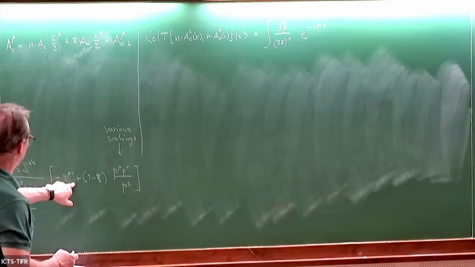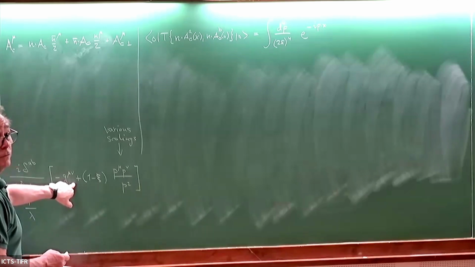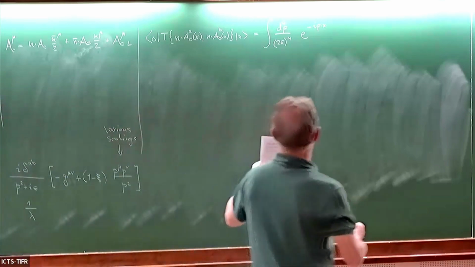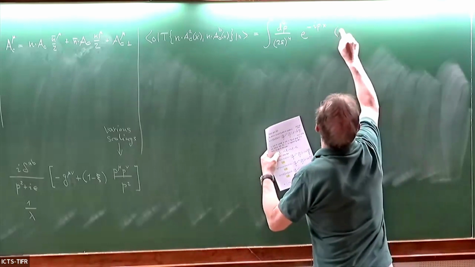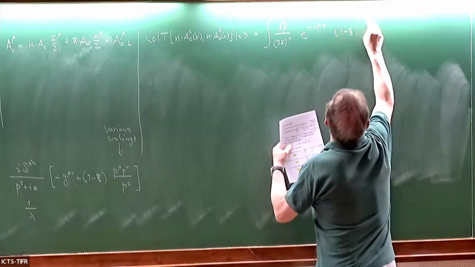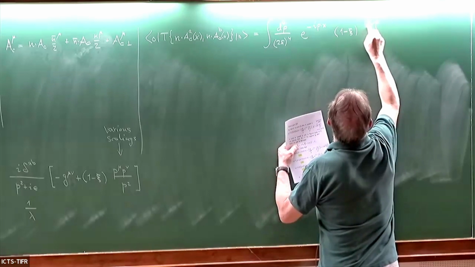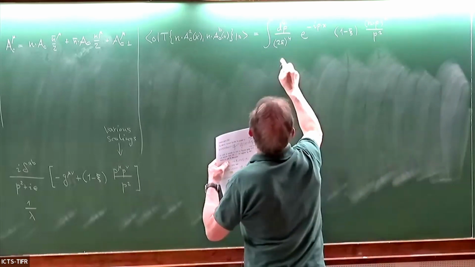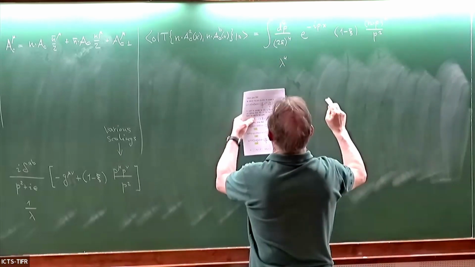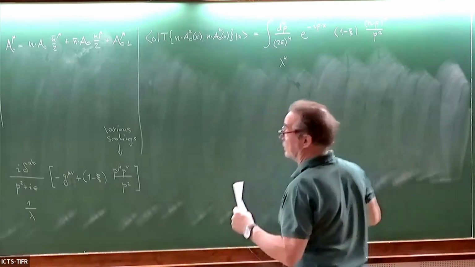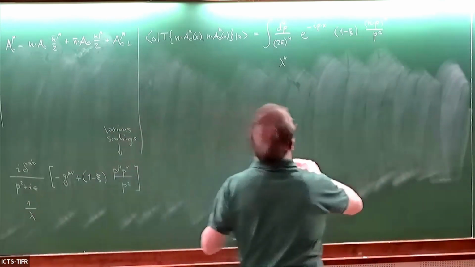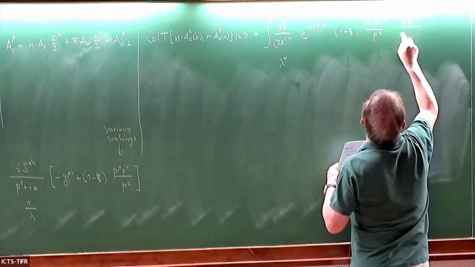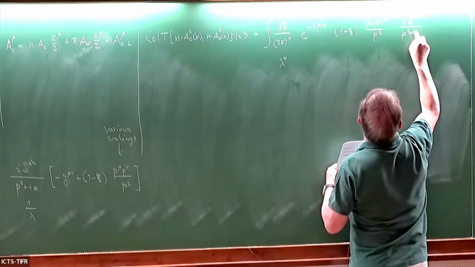And then here, the first term gives minus n squared, which is 0. And the second term has n dot p squared. So we'll get here simply 1 minus xi, n dot p squared over p squared. Sorry, I forgot this propagator here. So delta AB over p squared plus i epsilon.